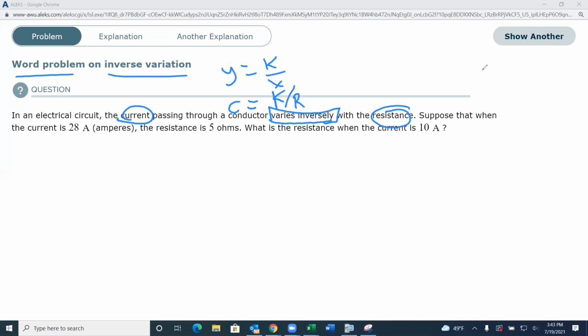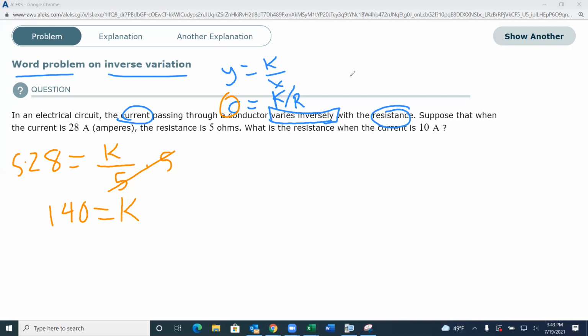All right. Now, suppose that when the current is 28, so 28 for C, I'm going to replace the C with 28. The resistance is 5, so R is 5. If I multiply by 5, I get K equals 140.